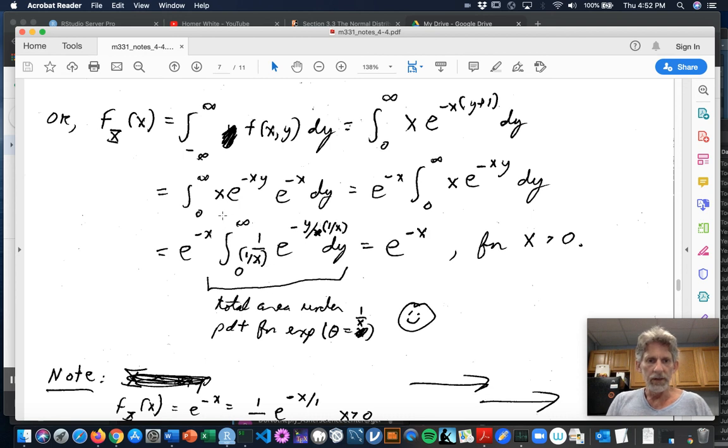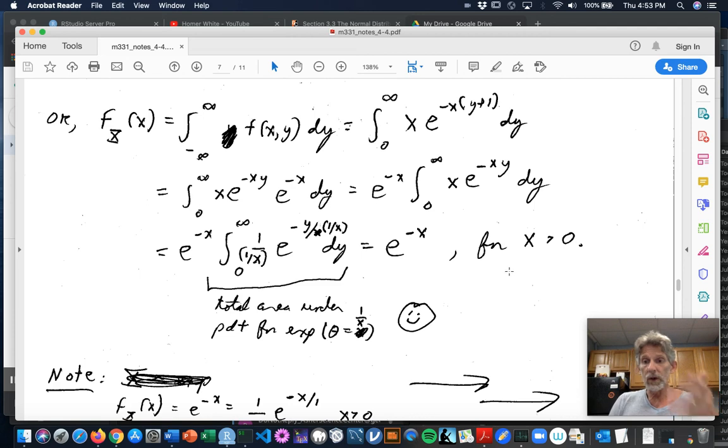Whoa, this is actually the total area under the PDF for an exponential random variable where the theta parameter is 1 over x. Therefore, it must be 1. Therefore, the whole thing must come down just to e to the minus x. And that's good for any x bigger than 0.